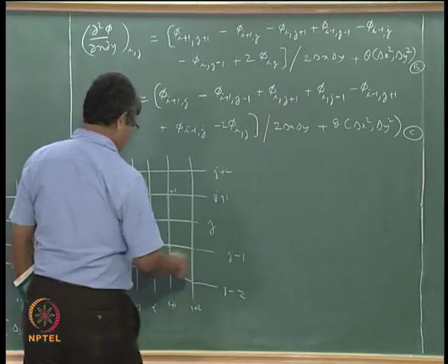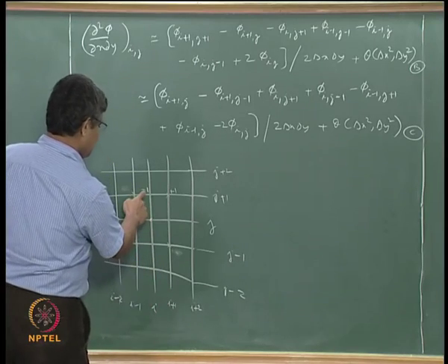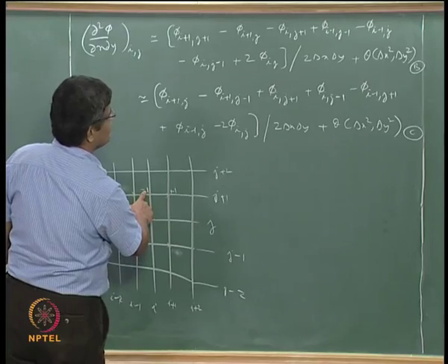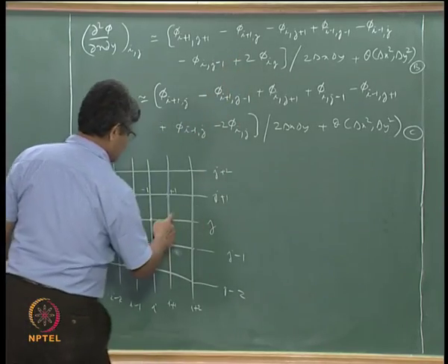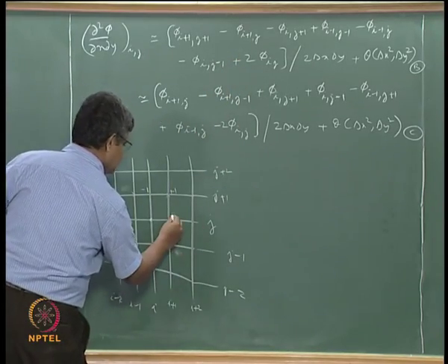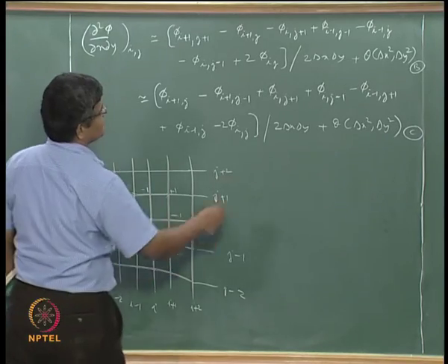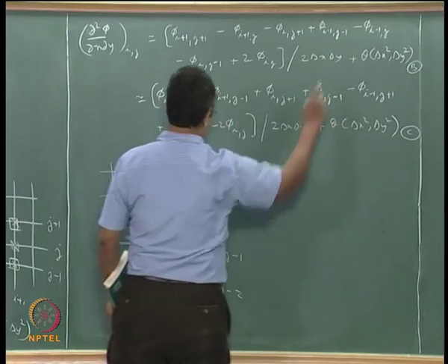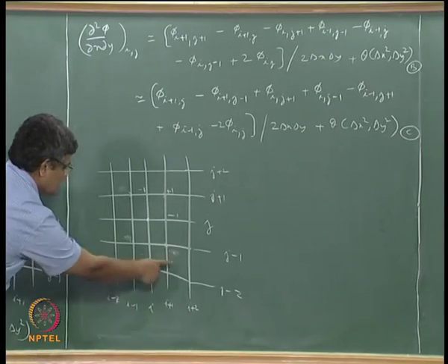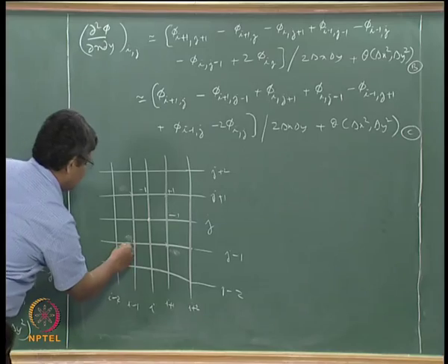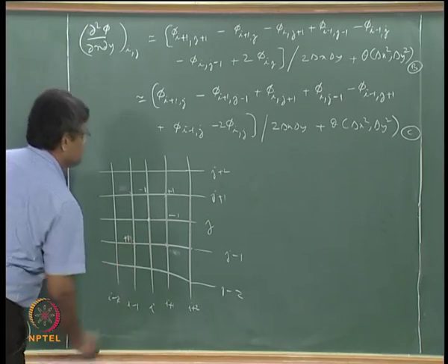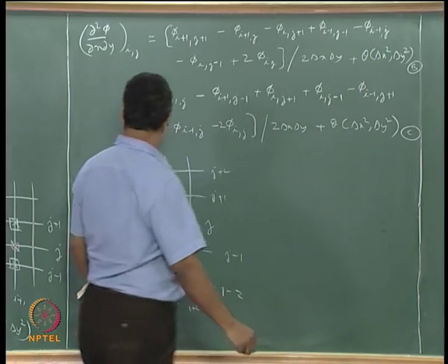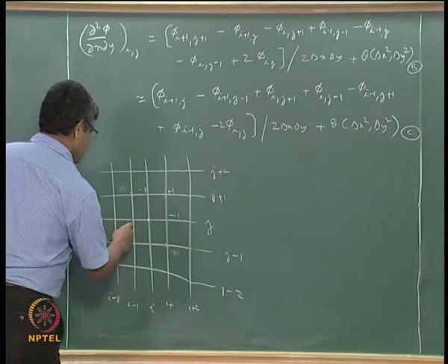Ij plus 1 is minus. I plus 1 j is this, so I plus 1 j is minus 1. And then I minus 1 j minus 1 is this, and here this has plus 1. I minus 1 j is minus 1.